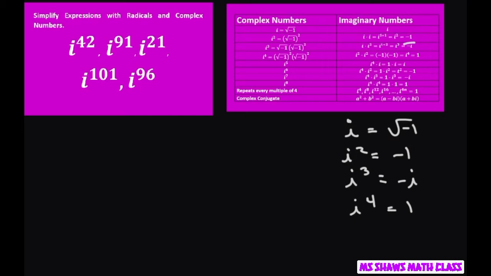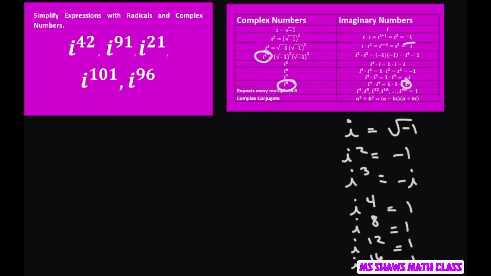Then it repeats, and what we really are looking at is this i to the 4th. So when it repeats, we have i to the 8th is 1, and that means i to the 12th is 1, i to the 16th is 1.